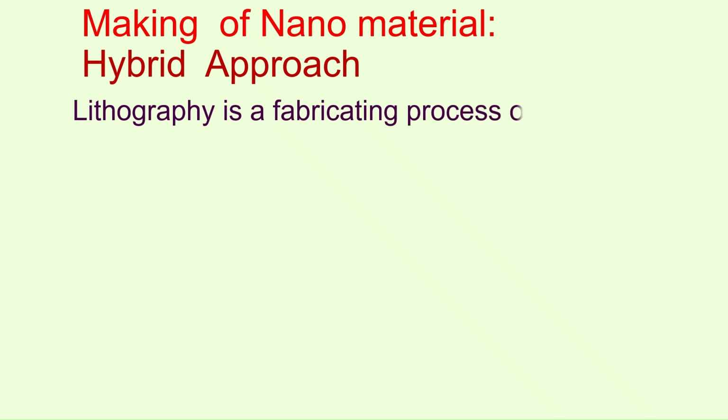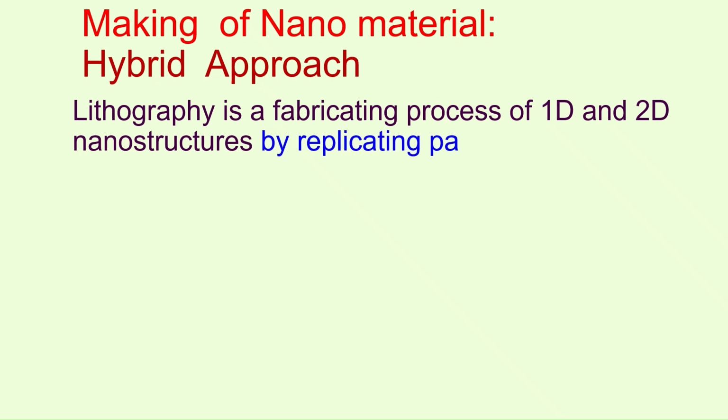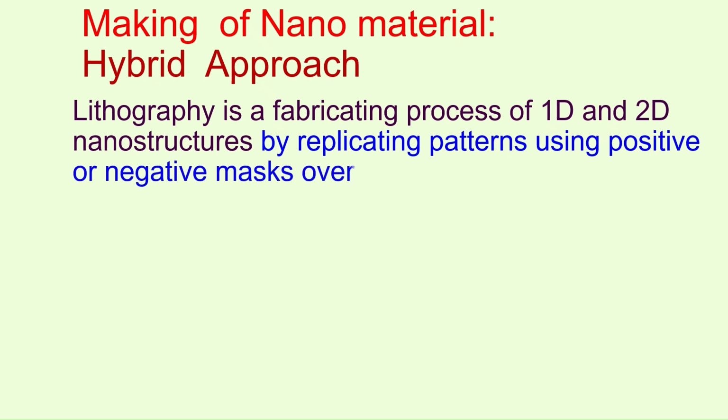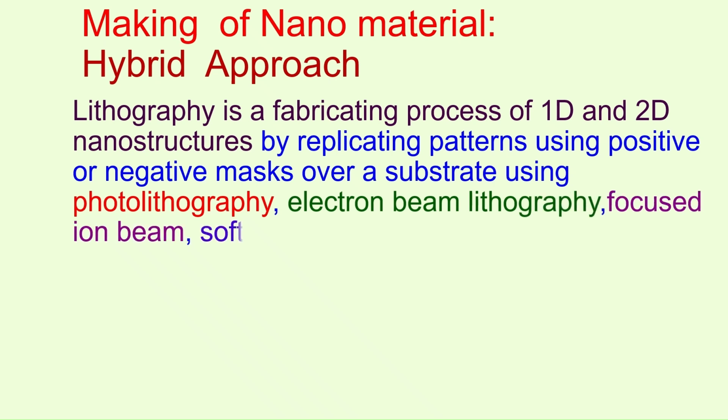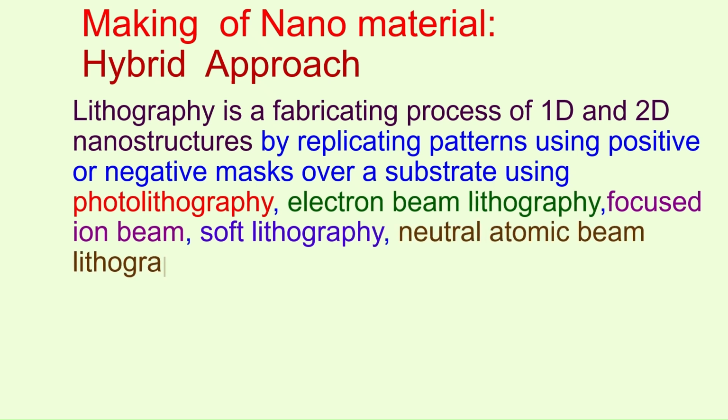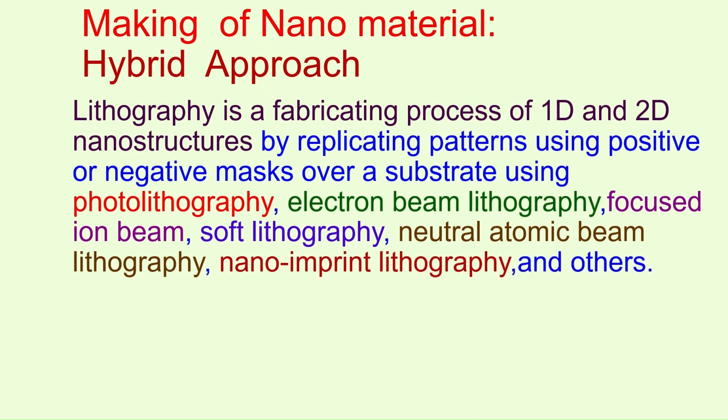Making of nanomaterial. Hybrid approach. Lithography is a fabricating process of one-dimension and two-dimension nanostructures by replicating patterns using positive or negative masks over a substrate using photolithography, electron beam lithography, focused ion beam, soft lithography, neutral atomic beam lithography, nanoimprint lithography, and others.